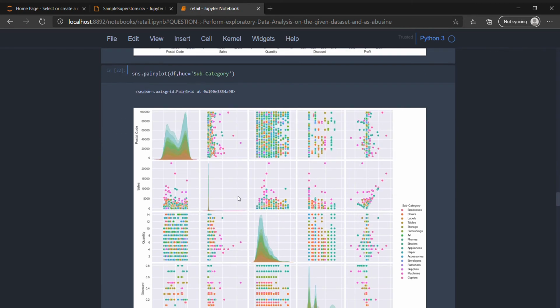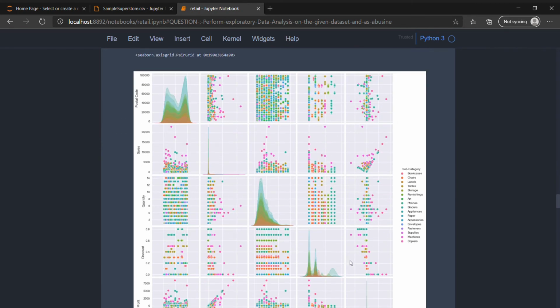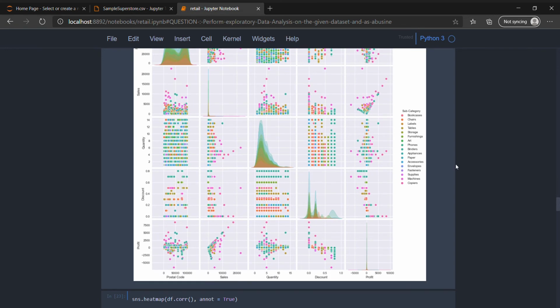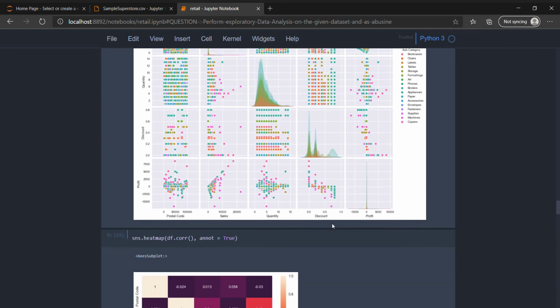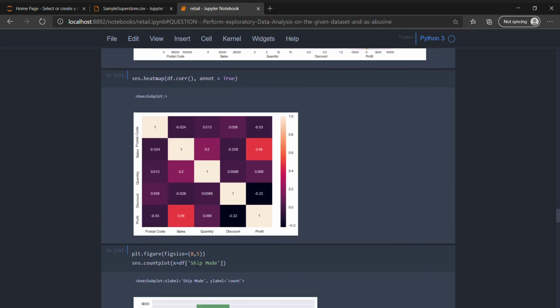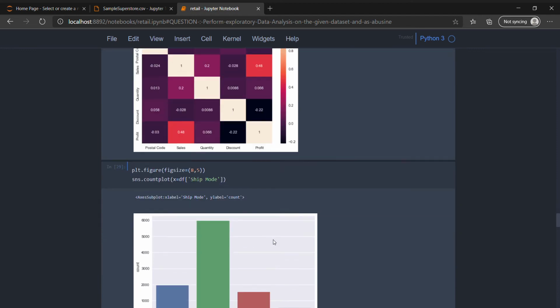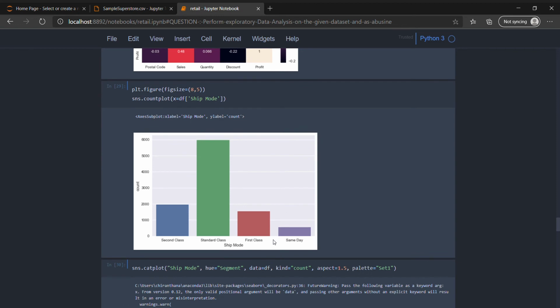Coming to the subcategory, you can see binders making a lot of sales and copiers making a lot of profit. Coming to the heat map, you can see a positive correlation between the profit and the sales. Now looking into the categorical plots, under ship mode, standard class is very high.